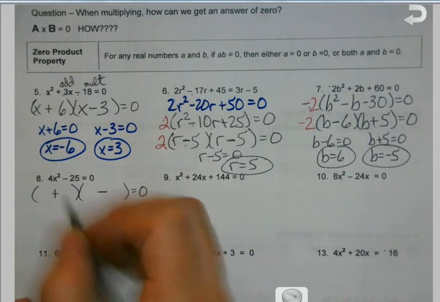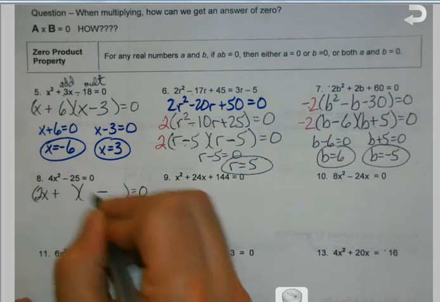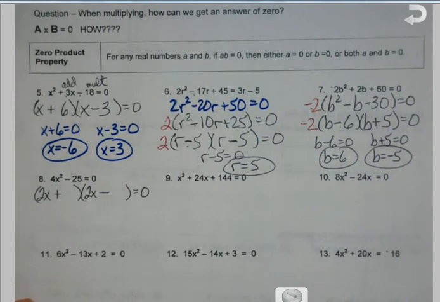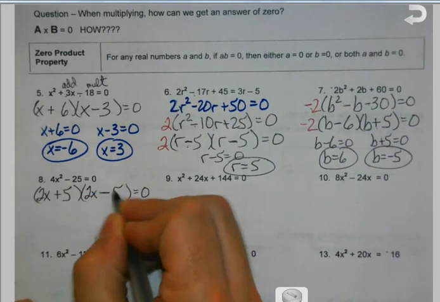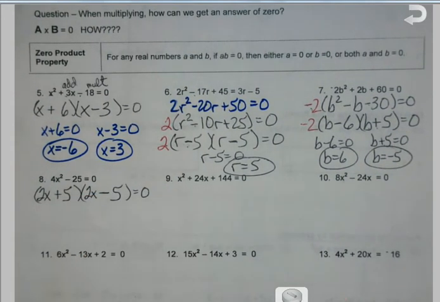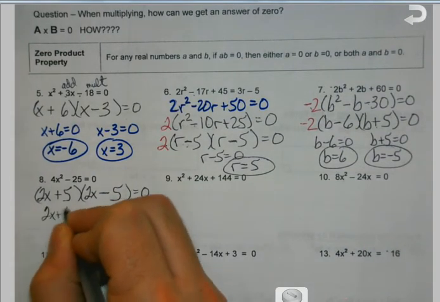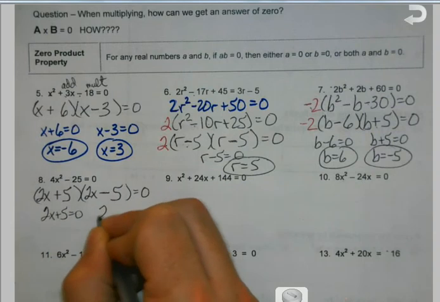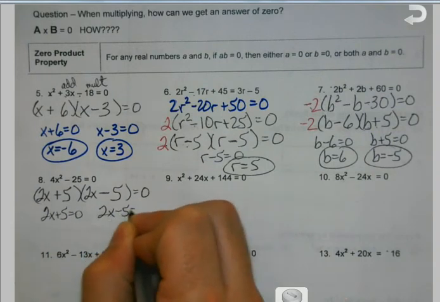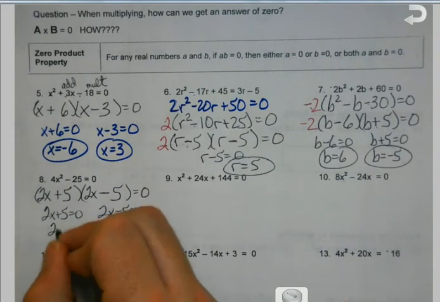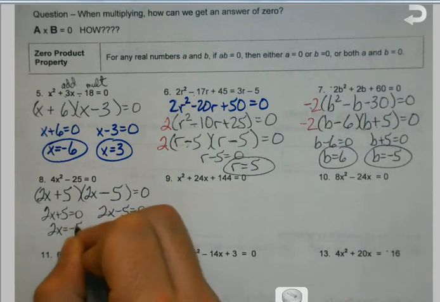Square 2x to get 4x squared. Square 5 to get 25. And again, with these, they're unique. So I'll set those each equal to 0.